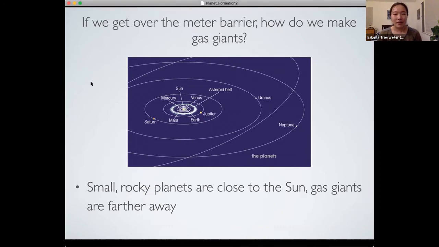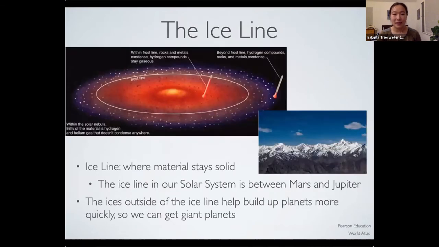And this problem helped us understand an important feature of solar systems, which is the ice line. Sometimes it's also called the snow line or the frost line, whatever cold term you would like. The ice line, though, is basically just showing where it's cold enough to have ice, kind of as the name suggests. I generally think of this sort of like if you look at the mountains, right?